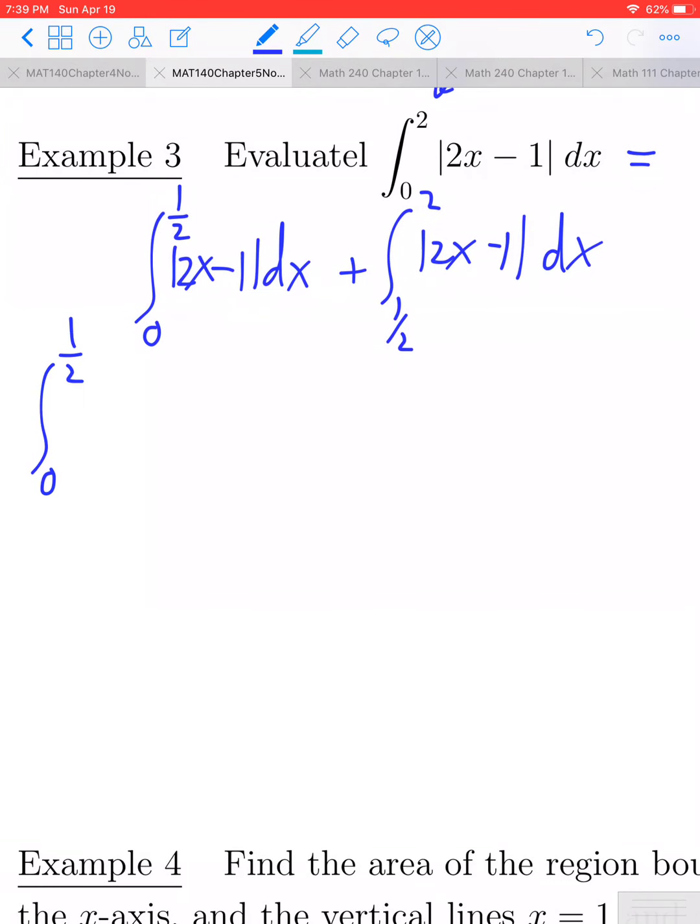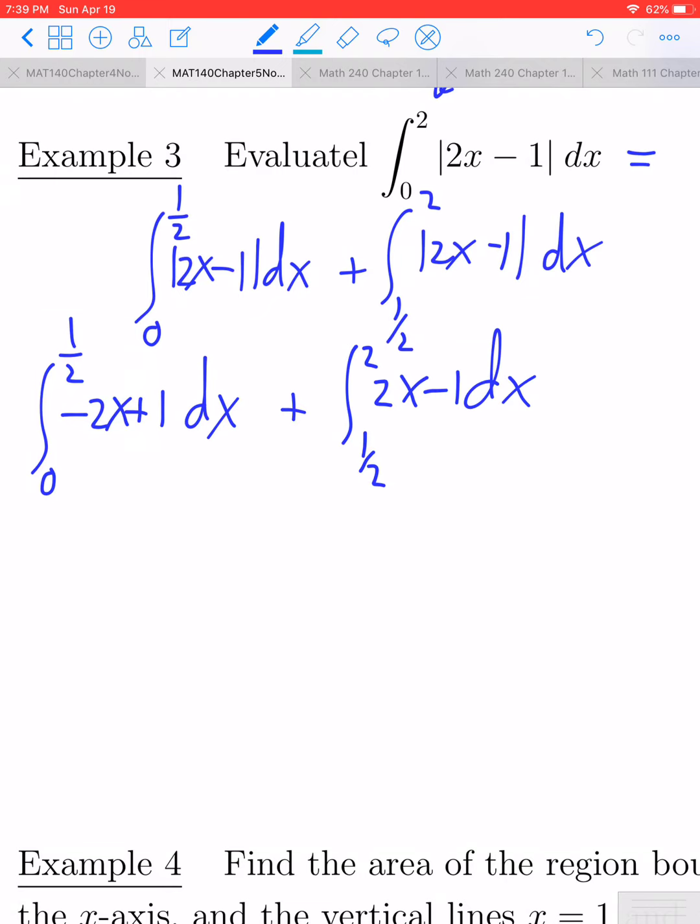Between 0 and a half, it's going to have the value negative 2x plus 1 dx, plus the integral from 1/2 to 2. Between 1/2 and 2, it's positive, so it has the value 2x minus 1 dx.